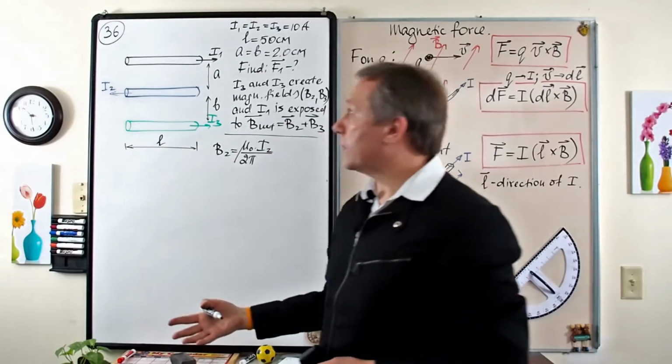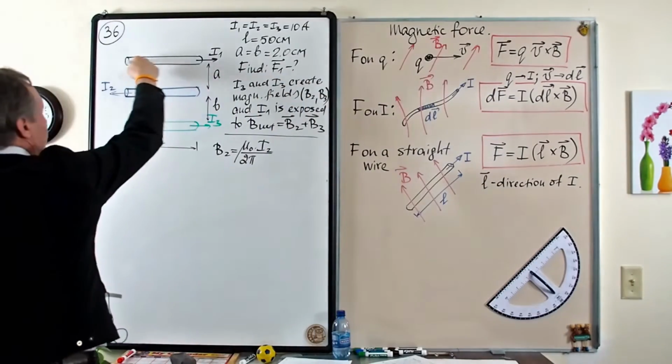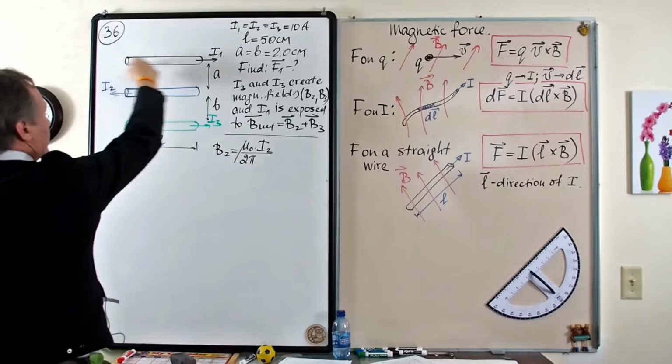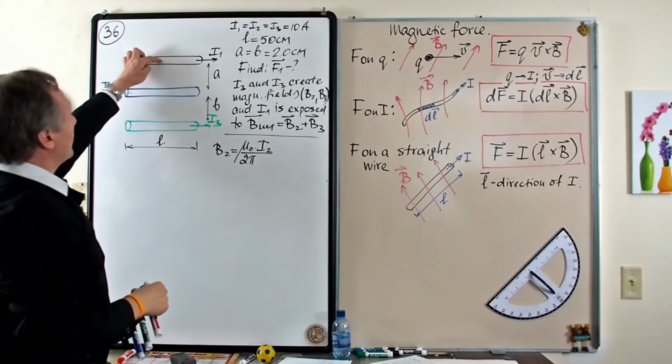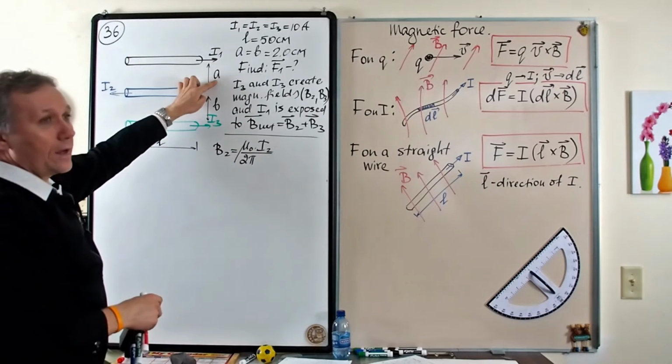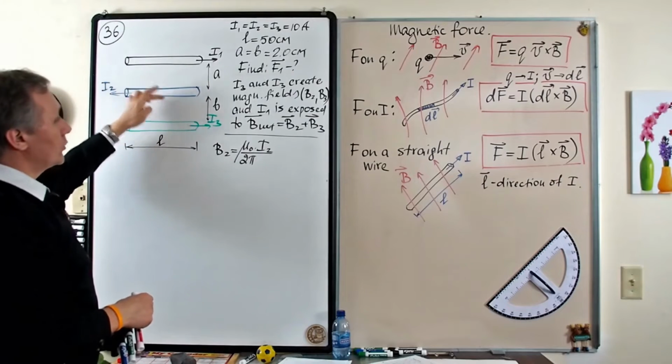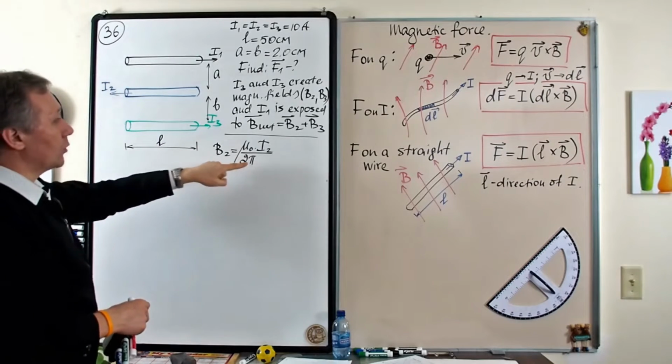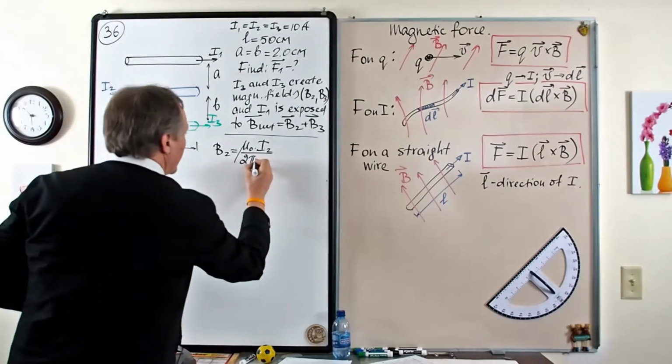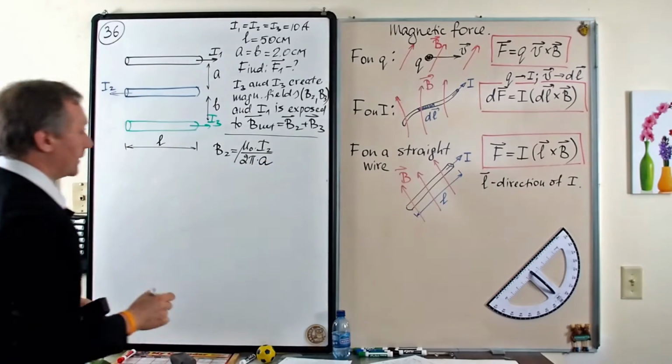We're interested in the magnetic field at the place where wire I1 is. So wire I1 is at the distance a from the wire I2, which creates this magnetic field. So over here we should write 2 pi a, right?